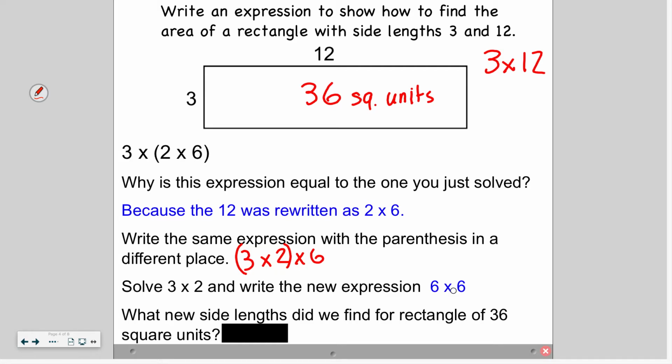And that gave us 6 times 6. So what are our new side lengths that would also have an area of 36 square units? Six and 6. In this case, it would really be a square because the side lengths are the same. That's 6 by 6, and the area would still be 36 square units.